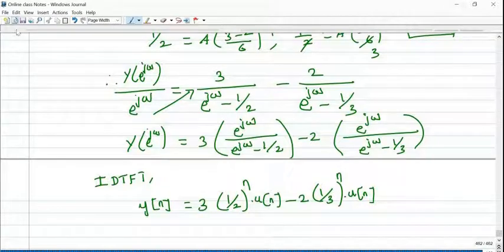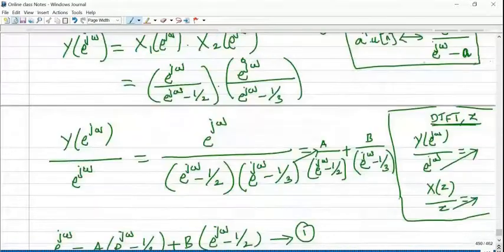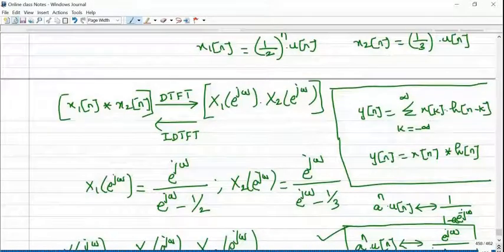If we perform convolution using the standard formula, that is x1 of k dot x2 of n minus k, where k varies from minus infinity to infinity, we plot k versus x1 of k, k versus x2 of k, then k versus x2 of minus k, then k versus x2 of n minus k diagram.